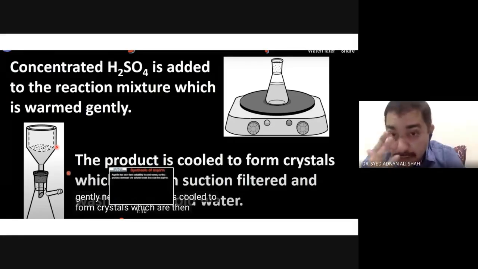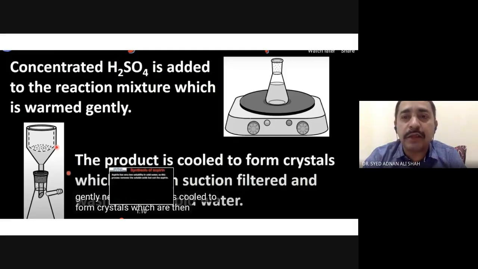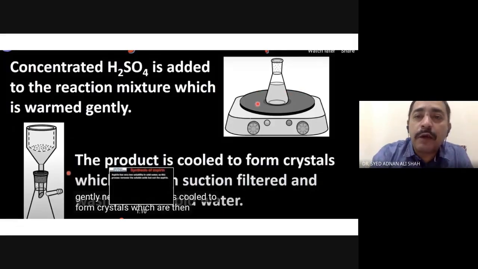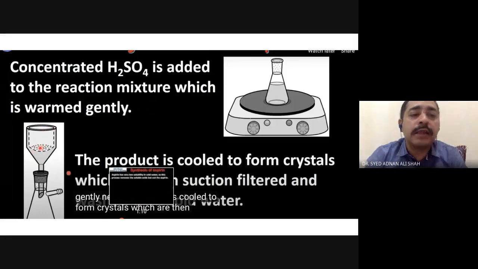So I'm just briefing you on why the cold water is used: because in cold water generally the aspirin is insoluble, and later you will see that in hot water the aspirin will be dissolved, right? So this process is from the formation of aspirin, and then the aspirin will be crystallized out in the cold environment, and then the synthesized aspirin is filtered out, and on the top there will be the aspirin.